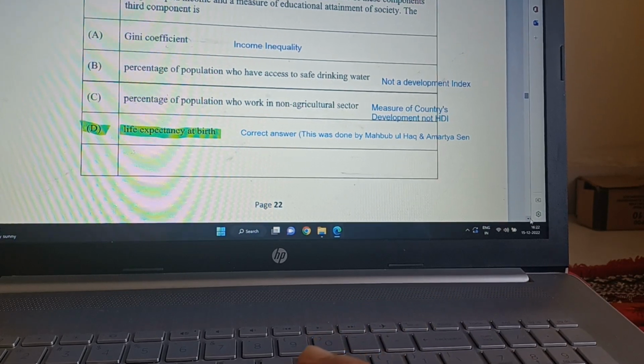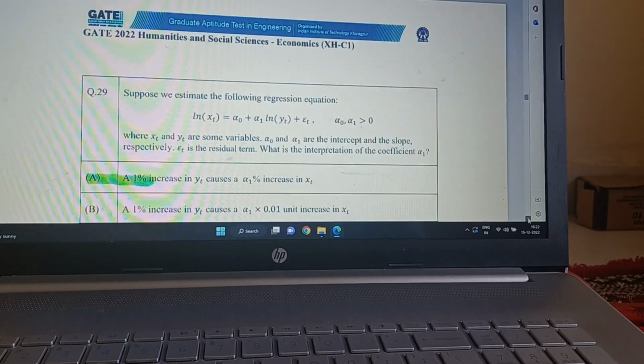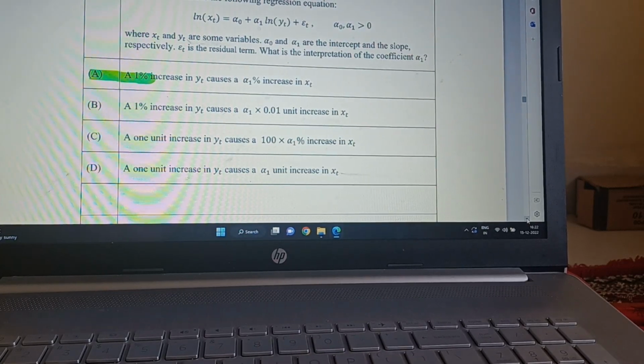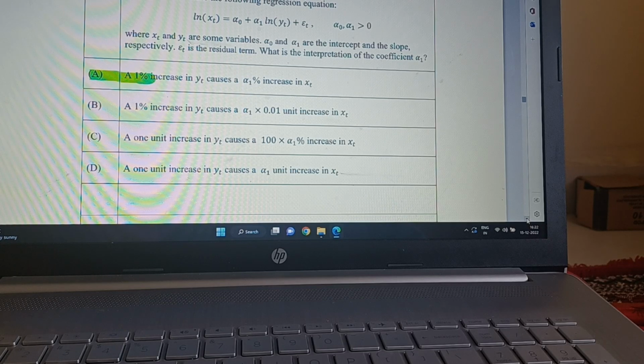Then we go to the next question, question number 29. Suppose we estimate the following regression equation: ln xt is equal to alpha 0 plus alpha 1 ln yt plus epsilon t. Here alpha 0 and alpha 1 are greater than 0 and they indicate the slope coefficient. This alpha 1 indicates the slope coefficient, while alpha 0 is the intercept.